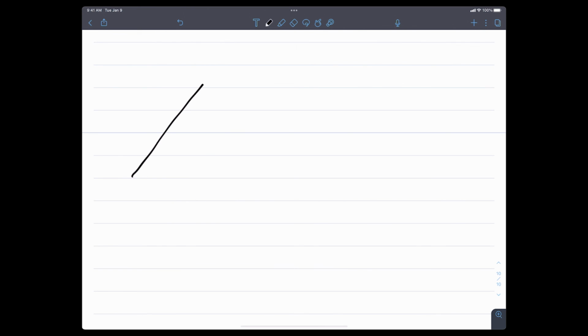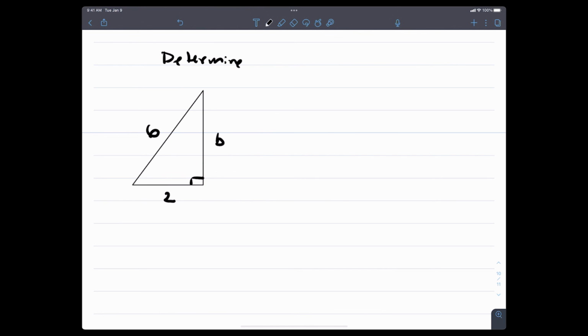So, okay. What if they did this to you? They said, this is 2, and this is 6, and this is B. And let's say, determine the missing distance. Right?